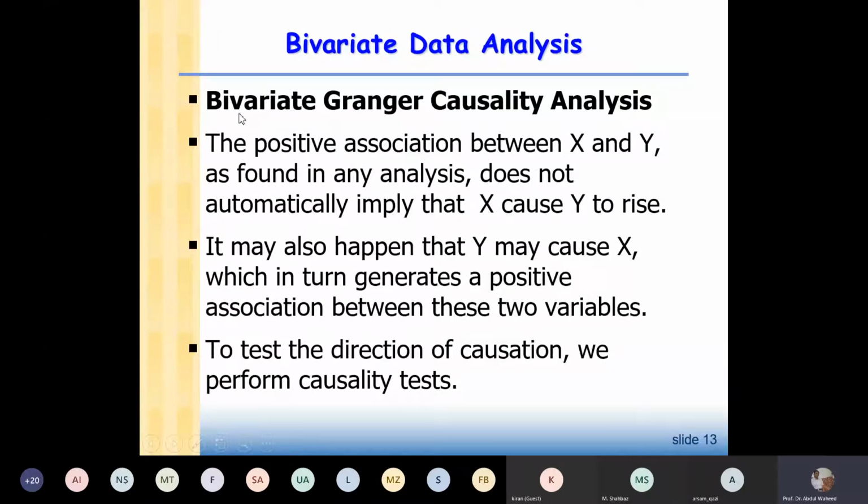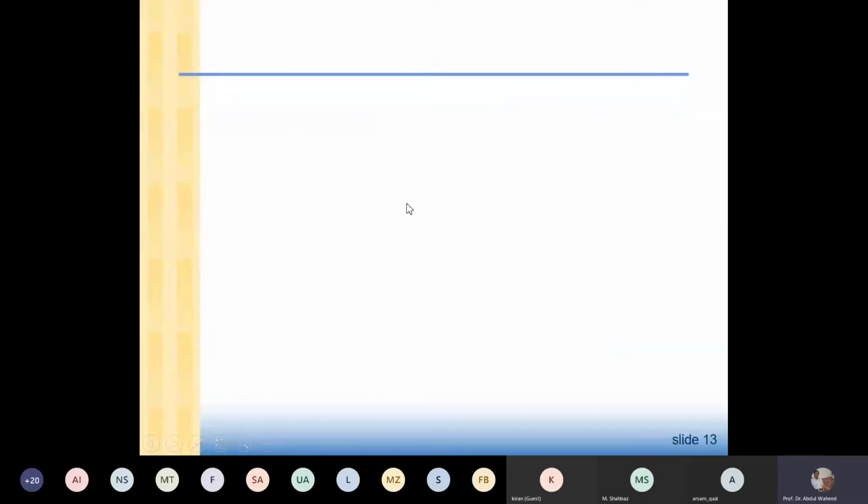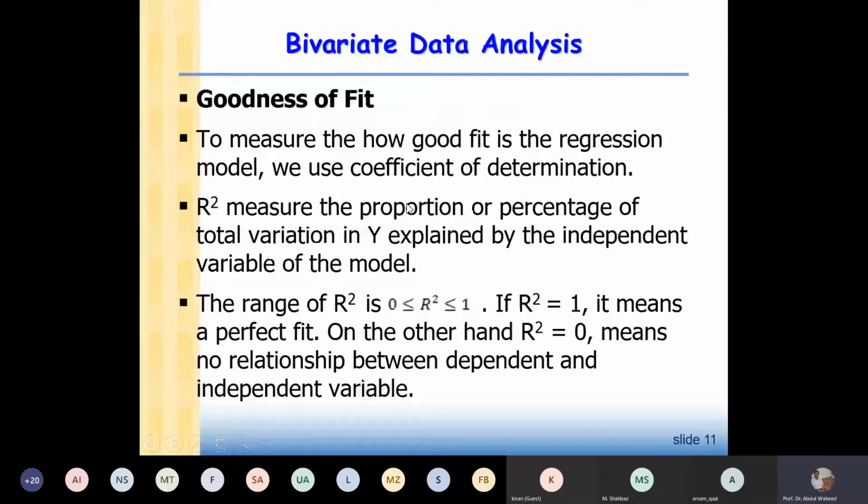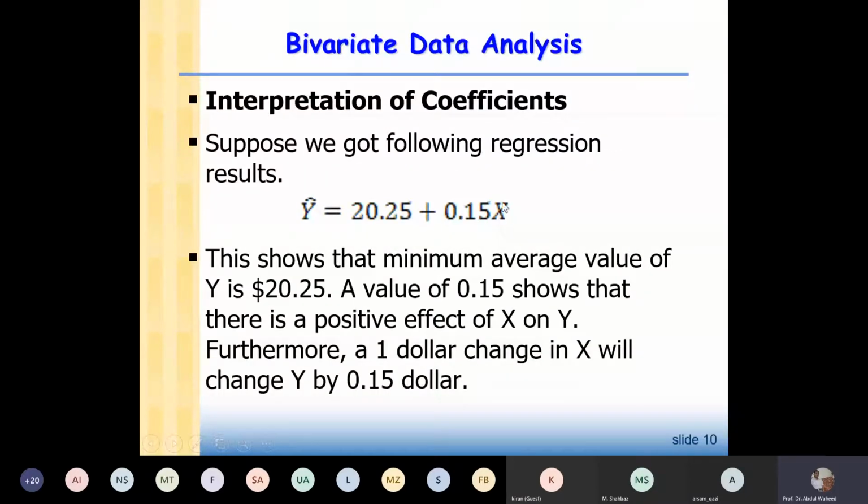Then we have bivariate Granger causality analysis. If we have this type of model, from this model it is clear that X is the cause and Y is the effect. But sometimes maybe Y is the cause and X is the effect, or both.